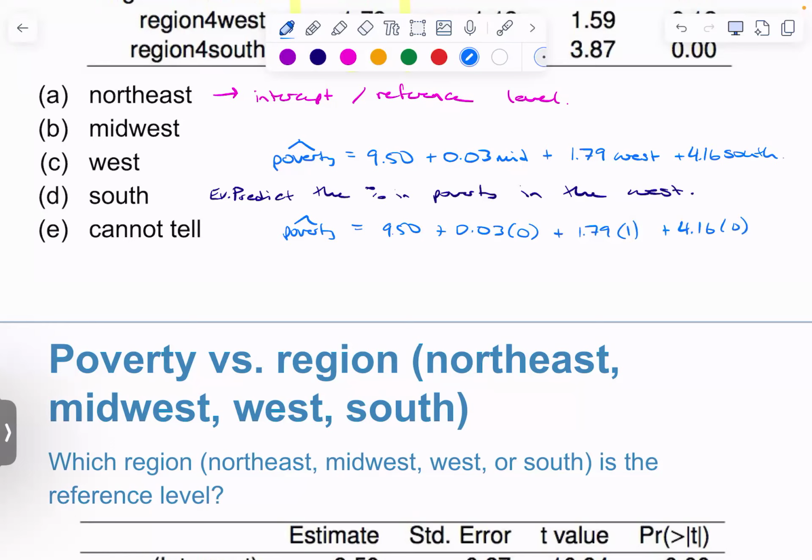So it boils down to a relatively nice formula: 9.5 plus 1.79. I get 11.29% in the West.